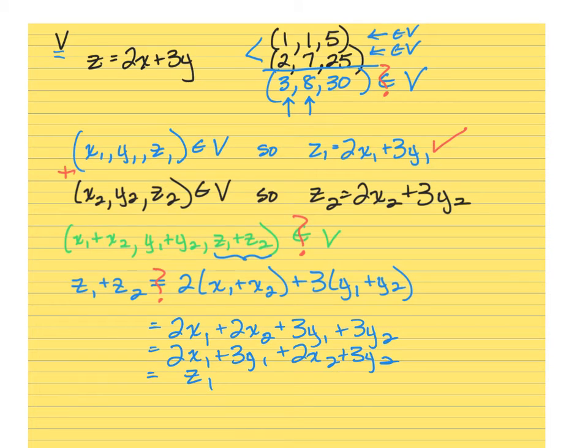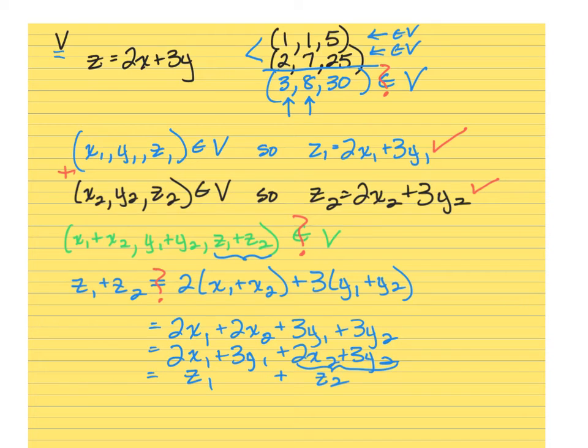Because that is the rule for our first vector to be in V. And likewise, 2x sub 2 plus 3y sub 2 is z sub 2 because of that. And so look, this does in fact equal z sub 1 plus z sub 2.